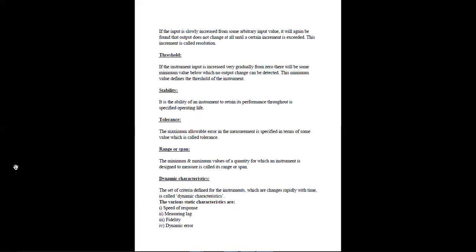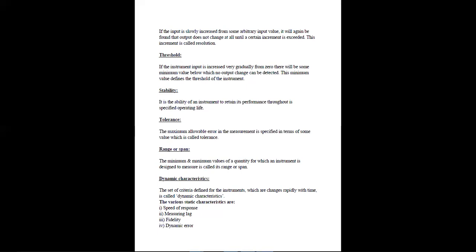This increment is called resolution. It means that up to some value of input change, the output does not change. It is called resolution.